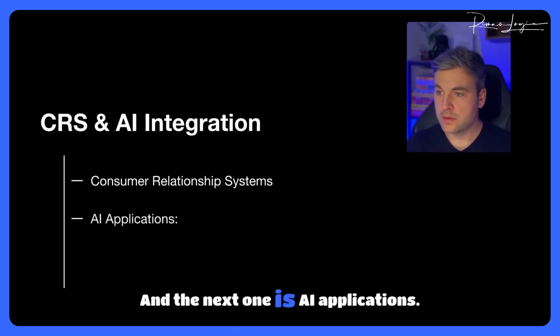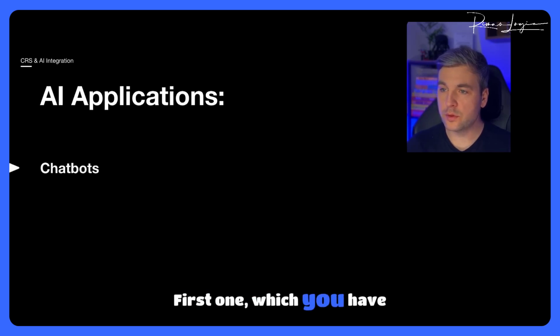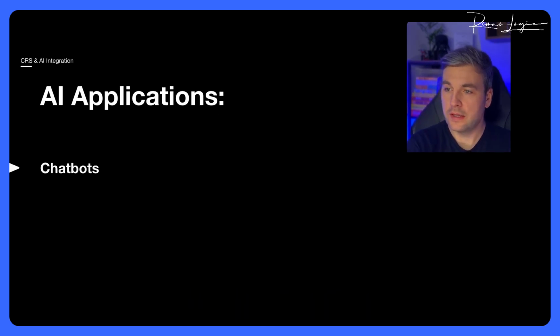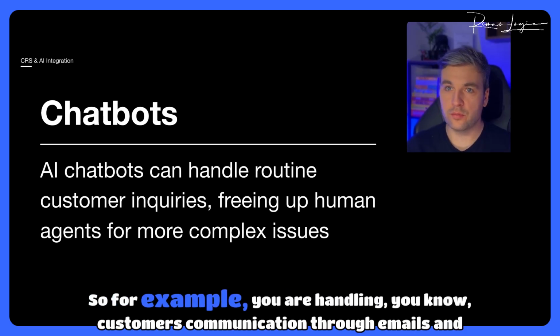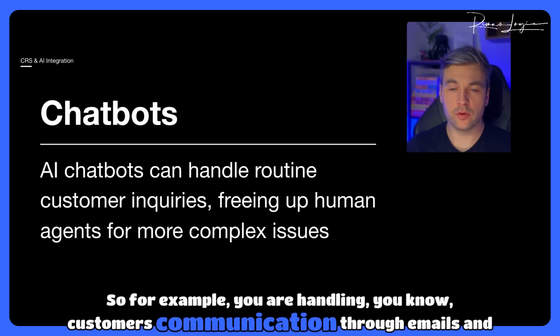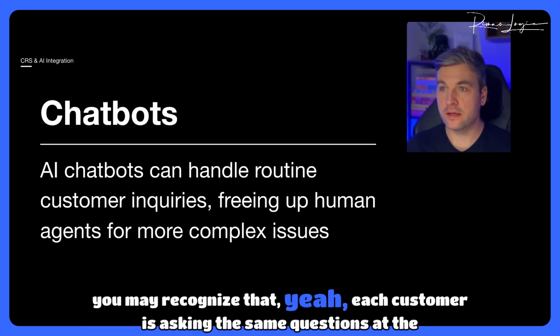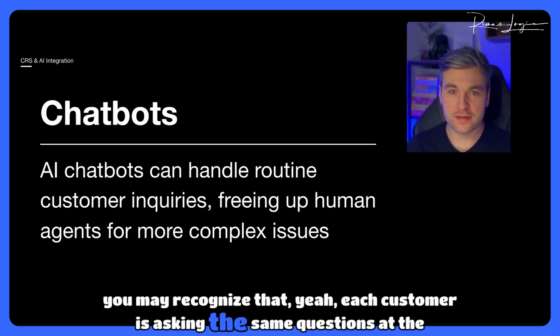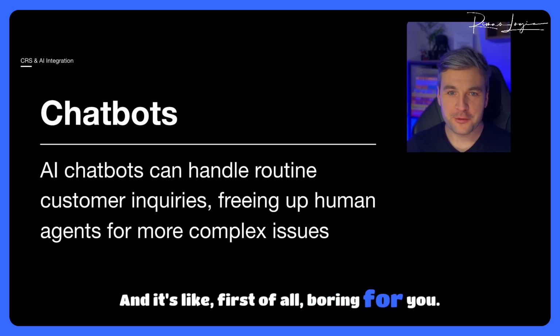And the next one is AI applications. The first one you have is a chatbot. So how could the chatbot be used? For example, you are handling customer communication through emails, and you may recognize that each customer is asking the same questions at the beginning, and it's, first of all, boring for you.